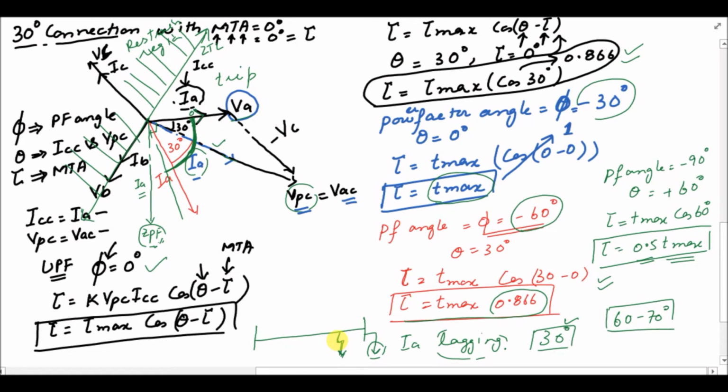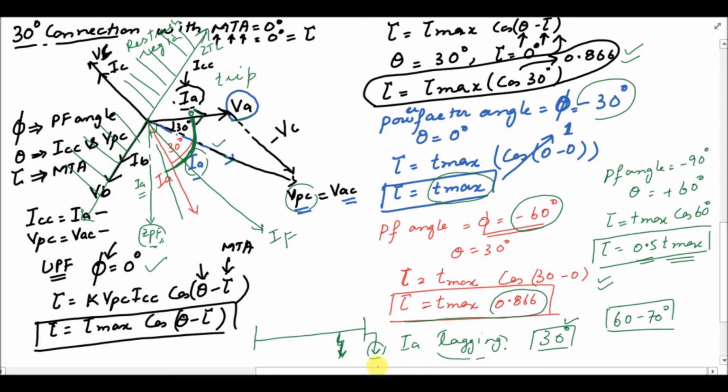So whenever there is a fault in this line, there is a chance that there will be a fault current in somewhere 0 to 70 degree value. And if there is a fault with a larger magnitude with respect to the load current in this direction, then it will be in the trip region. For example, this is your IF. So if it is in the trip region, then the directional relay will easily detect this one.